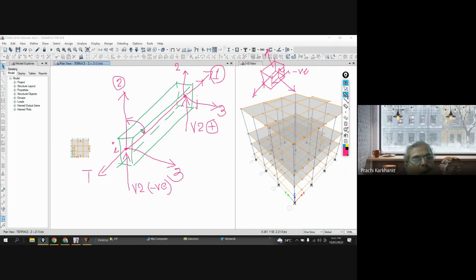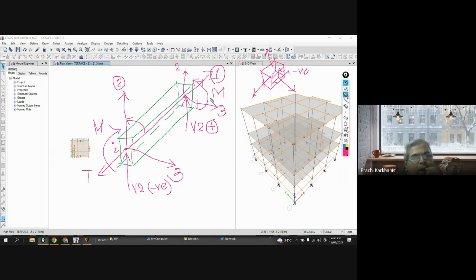Now, if this beam is subjected to bending, either it will be subjected to sagging or to hogging. Let's say it is subjected to sagging, then you will have a moment something like this, and a moment on this side something like this.